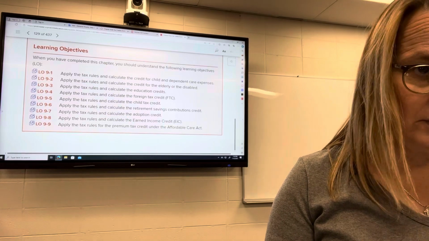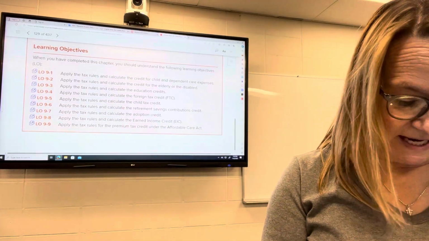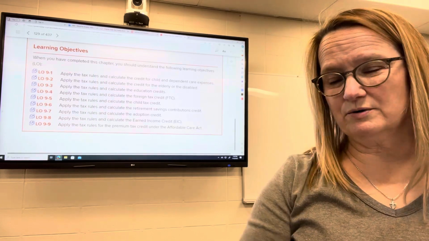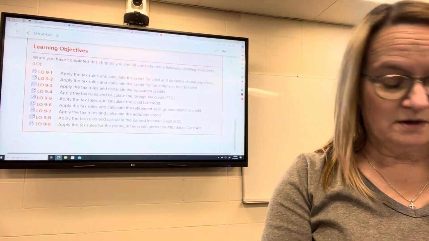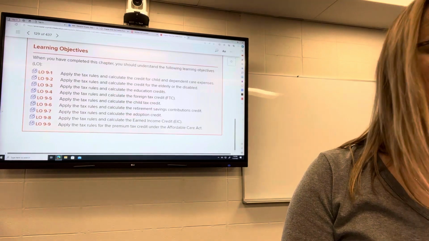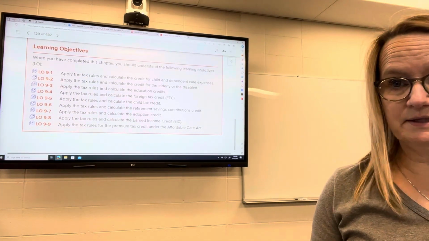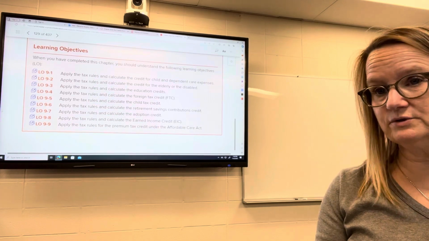Again, this is just for a property that's a vacation property, part rental, part personal. I think if you're renting it to a family member all the time, like it's 100% rental, then there are some different rules.